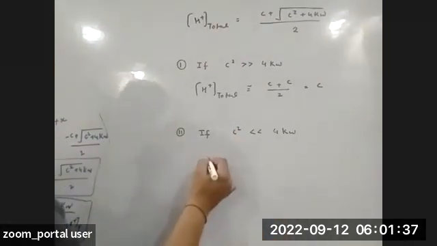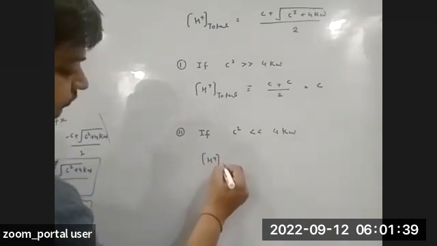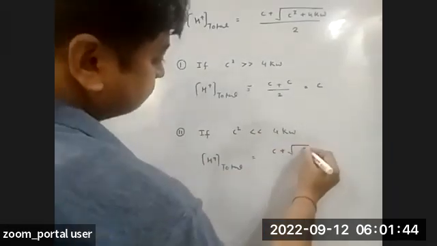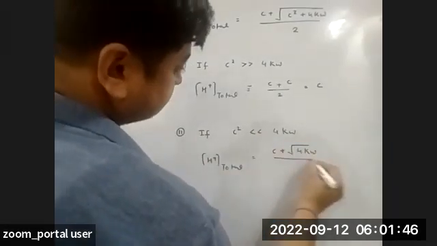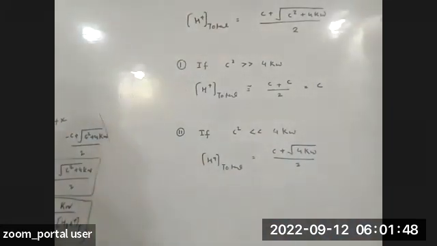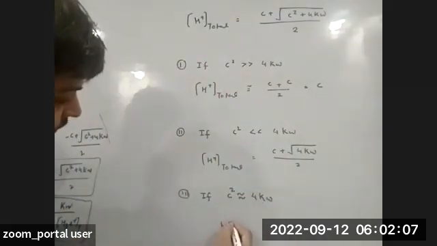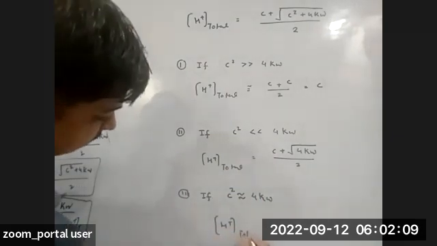Then H plus total is approximately root Kw. Is it okay? And third, if both numbers are comparable, then we have to solve by this full equation. You don't have any alternative. Yes or no?